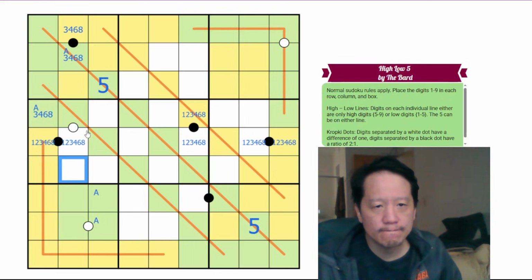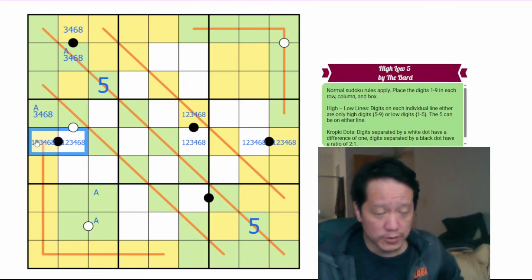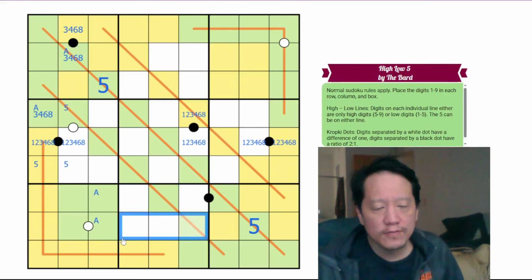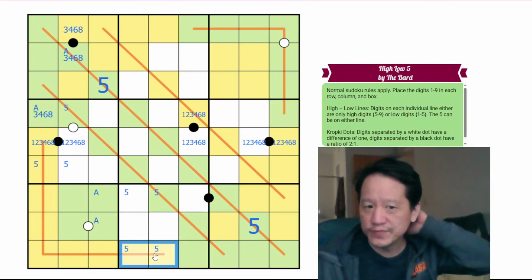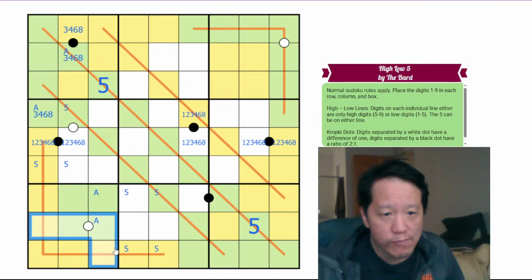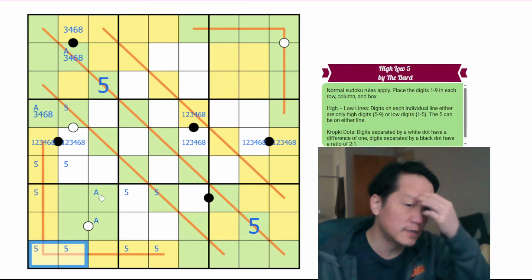Where is 5 then? In box 4. Can't be here. Can't be in a 1-to-2 ratio. Can't be the extra green. So 5 has to be one of these 3. 5 cannot be here. Can't be next to a 1-to-2 ratio. Can't be the extra green. So 5 has to be one of these 4 in box 8. 5 can't be here. 5 has to be one of these 3 in box 7.